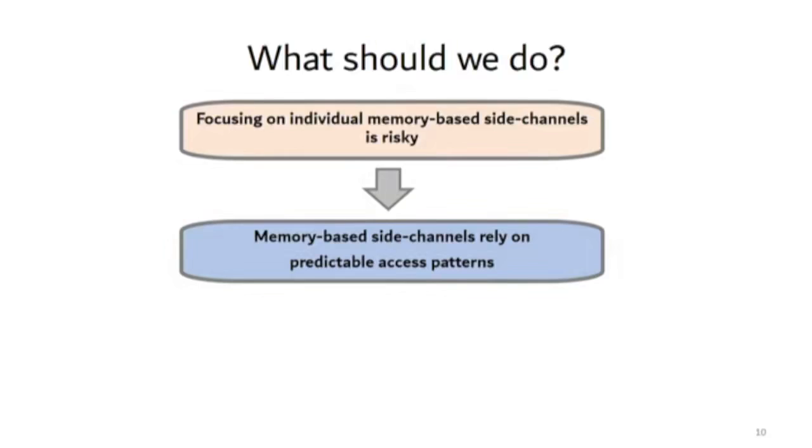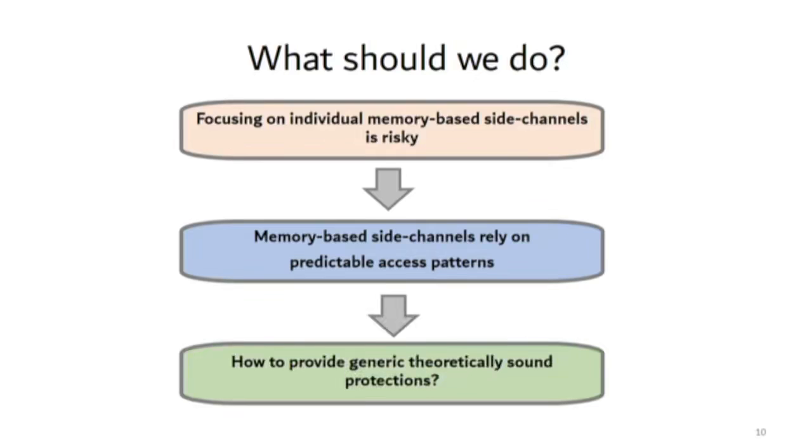The pattern of access has to be predictable, so that in multiple runs the attacker can correlate what exactly you are trying to access, for example a cryptographic key. Without predictable access patterns, it would be hard for memory-based side channels to be exploited.